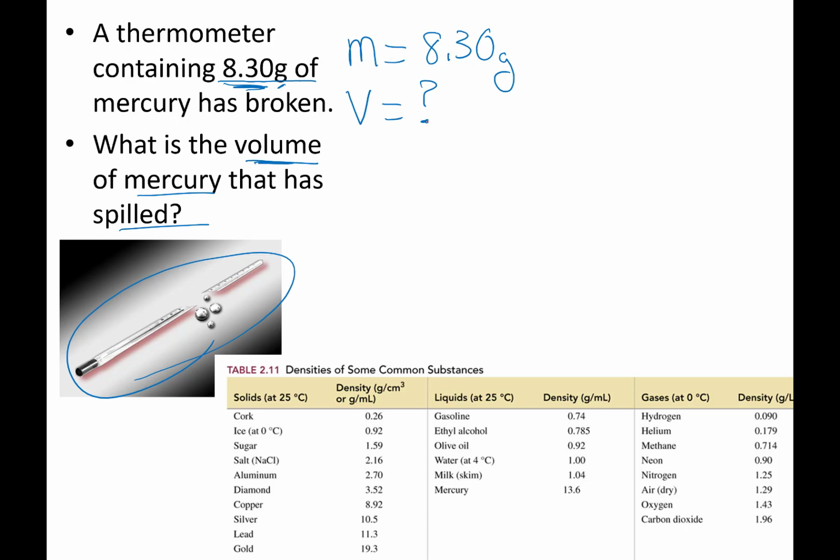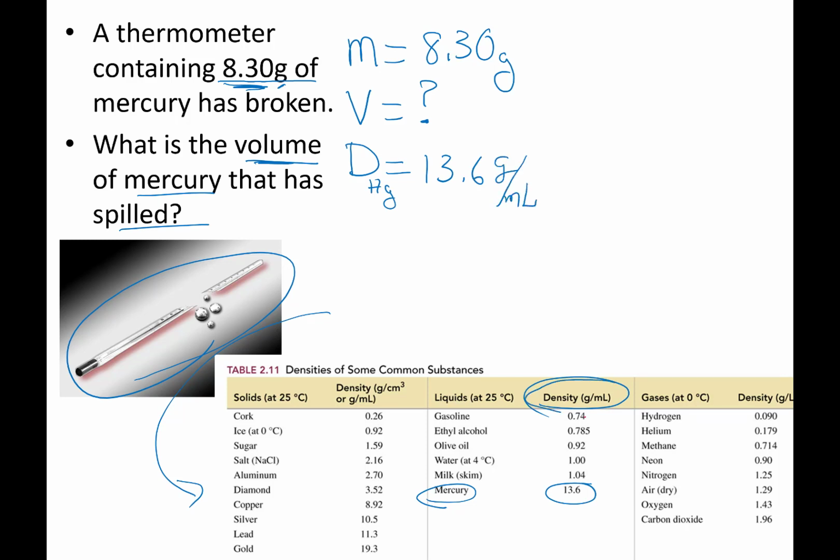I don't have enough information to do this, but yes, you do, because we can look up the density of mercury. Now, this chart was in our course, and mercury has a density of 13.6 grams per milliliter. Where did I get those units? I got those from the top of the chart. What equation?